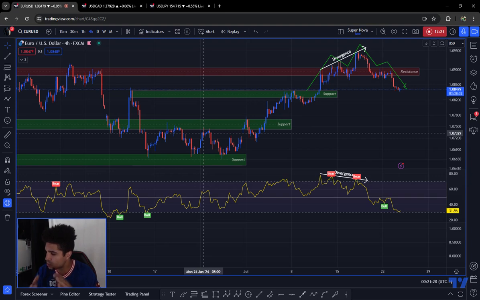The strategy can be sort of tricky to understand, but over time with practice it does make sense. It can be a very, very valuable tool to have in your arsenal when you trade.